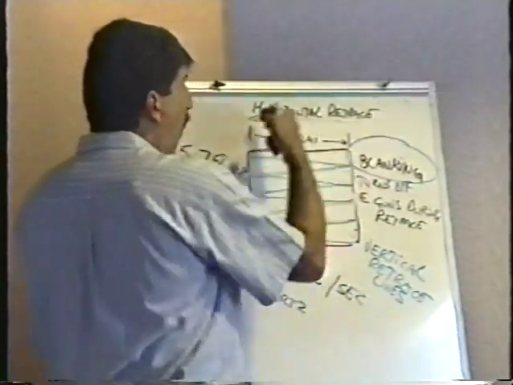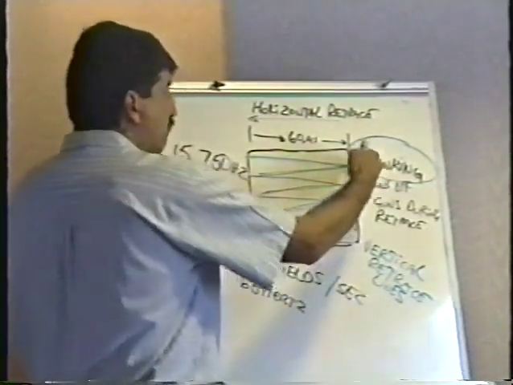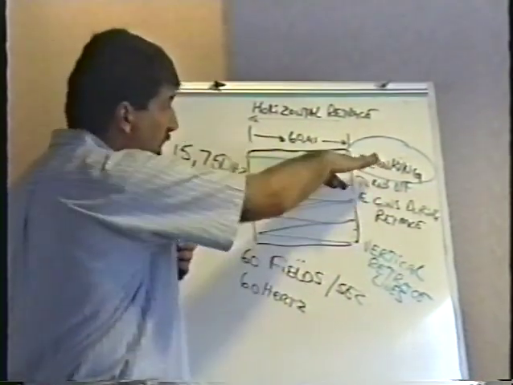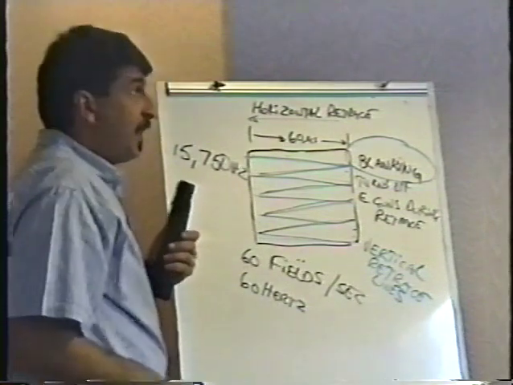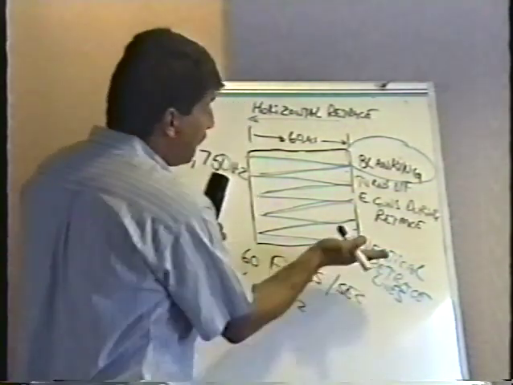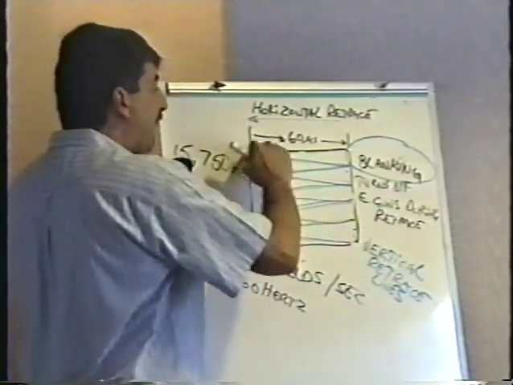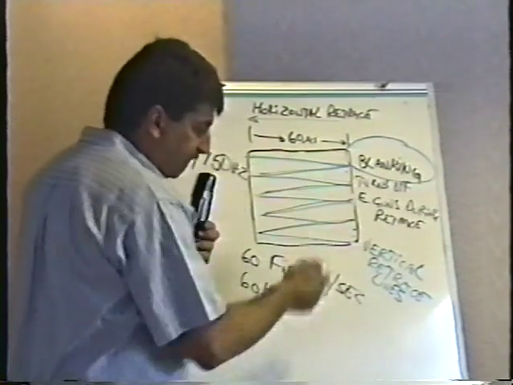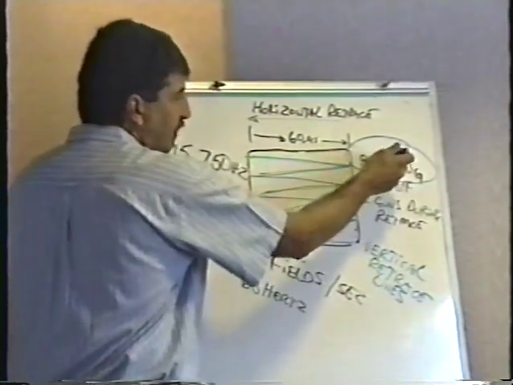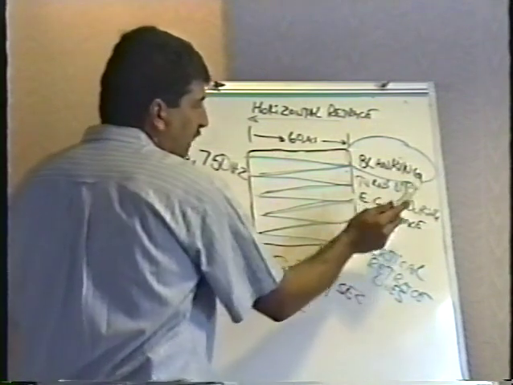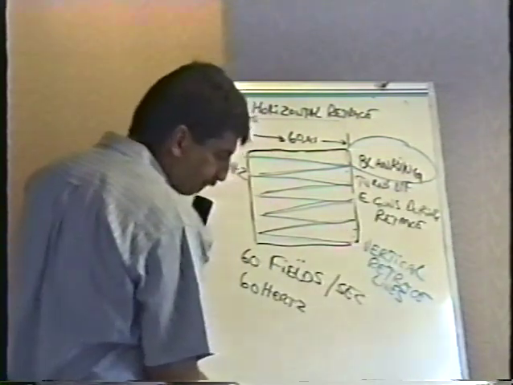Not only during the horizontal retrace, when the beam is moving from the right back to the left. Of course, we don't want to see a line in between the raster lines. But perhaps even more importantly, when the beam is at the bottom and it's got to work its way back up to the top, we don't want to see these vertical retrace lines, so the blanking circuit activates to turn off the electron guns during the retrace time.